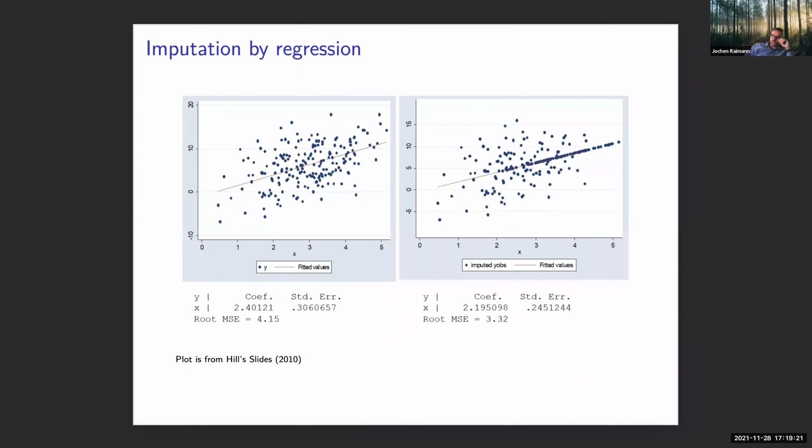A better approach is imputation by regression. It's pretty straightforward what you're doing, and it makes a lot of sense. You take all your complete data sets, you fit a regression line, and you predict each value on the x-axis that is missing. So if you have a patient where you know the X but you don't know the Y, you model it using the predict function, or using the equation.